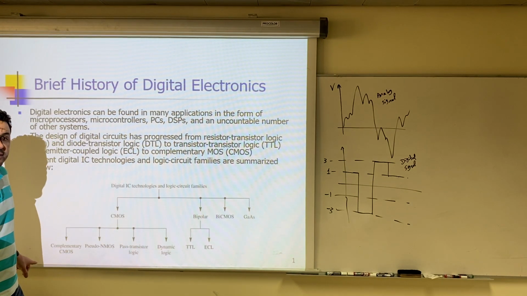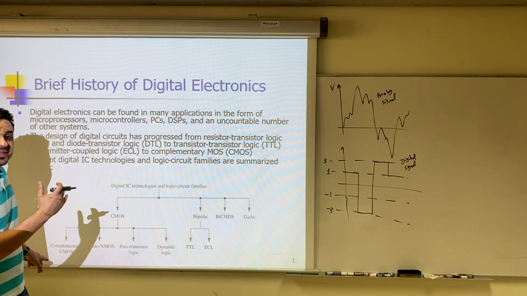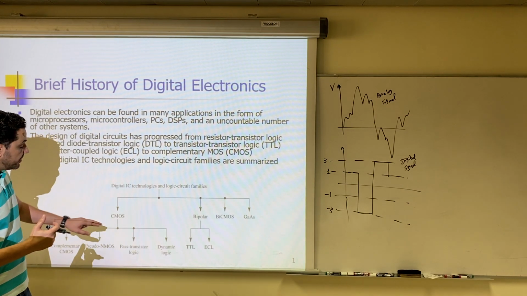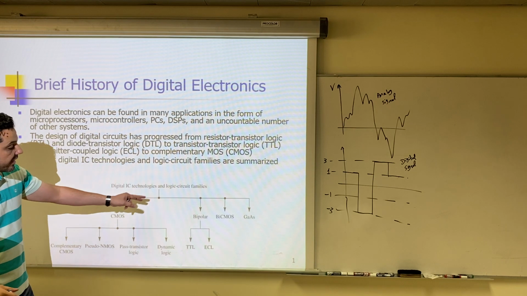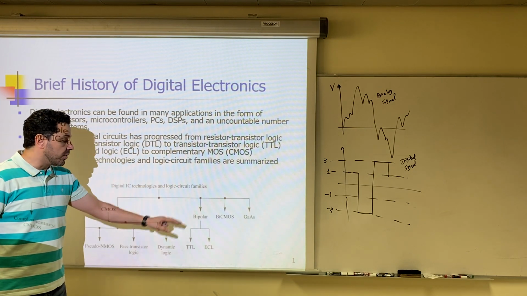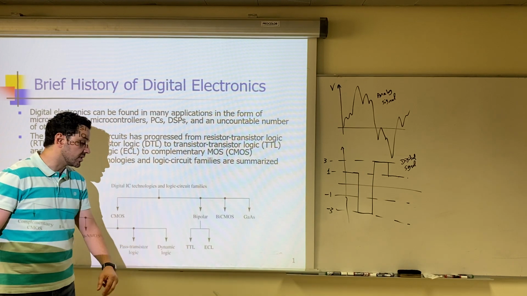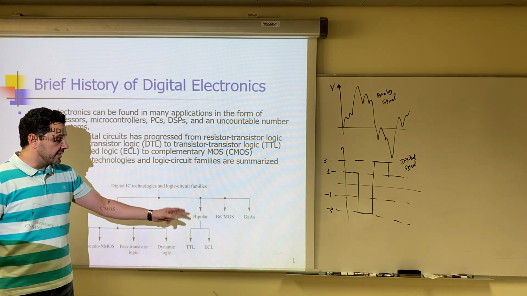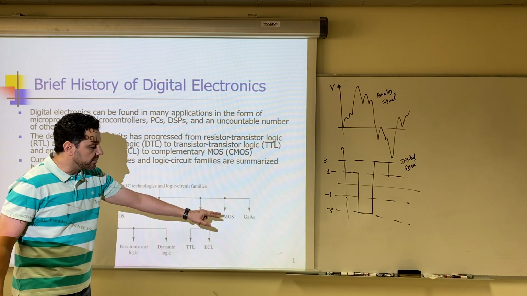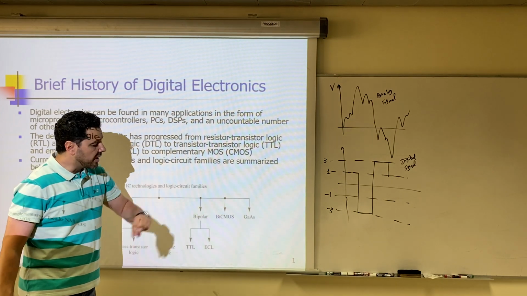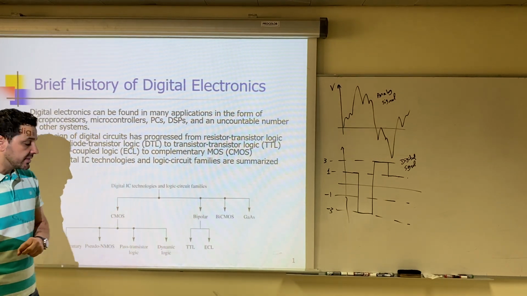All these are different designs or families based on the MOSFET. And then there is another family based on the bipolar junction transistor, such as TTL and emitter-coupled logic. And then there is another family called BiCMOS, and a fourth family called gallium arsenide.